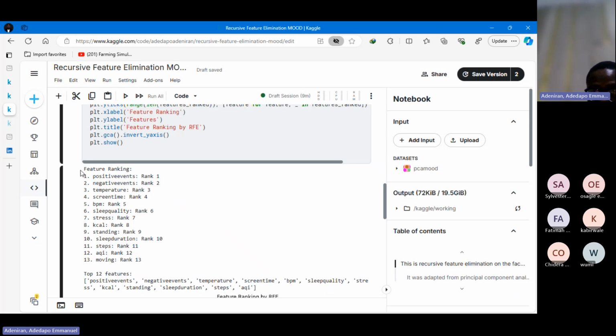Let's say we need to leave only 5 components or 5 features for our model. So a psychologist will tell you that moving shouldn't have so much effect on your mood. You can remove it. AQI, air quality index, shouldn't have so much effect on your mood. You can remove this feature. Steps doesn't have so much effect. That's true. A psychologist might agree with you.